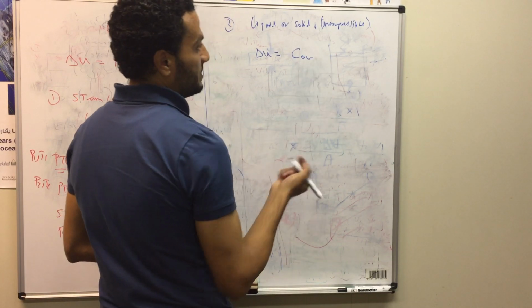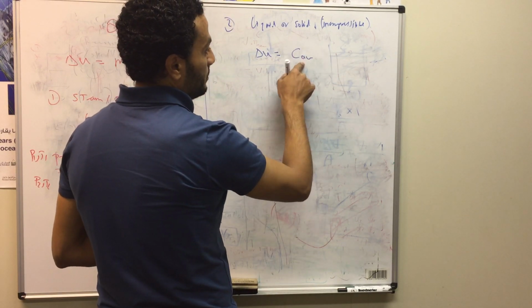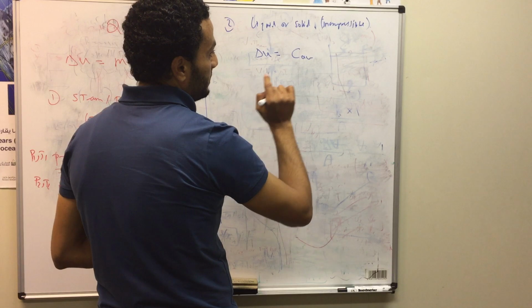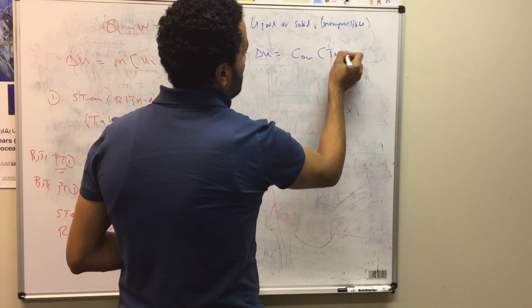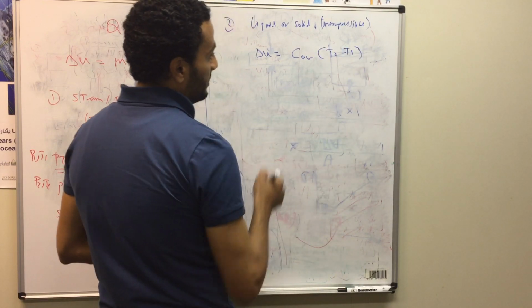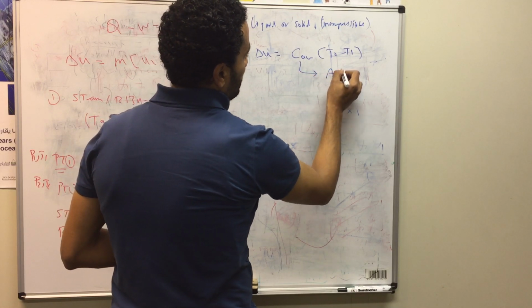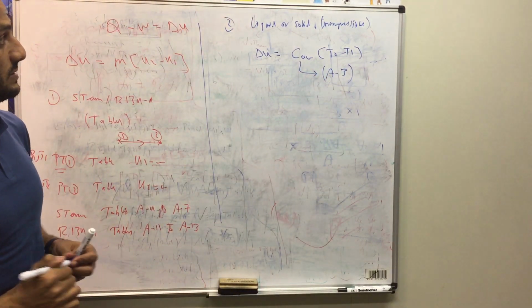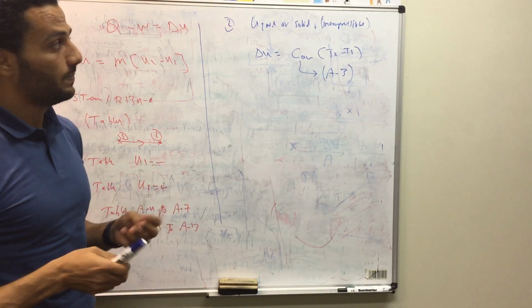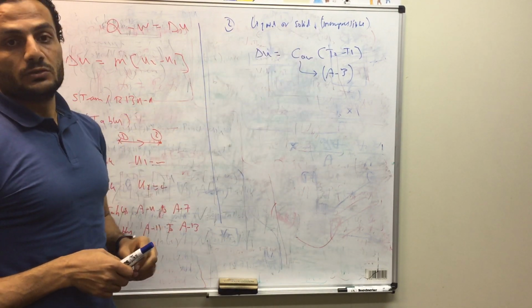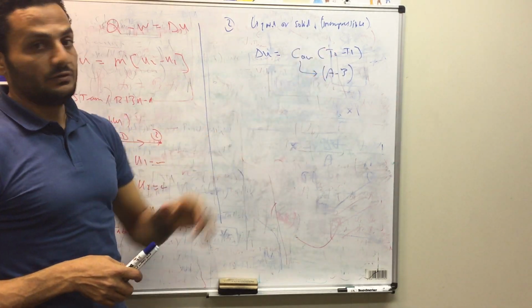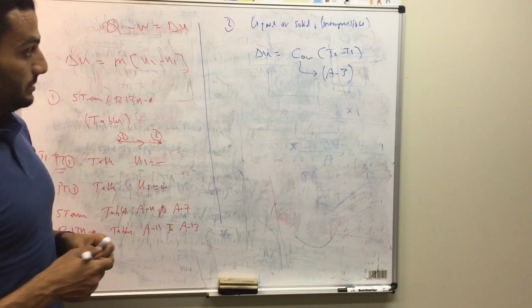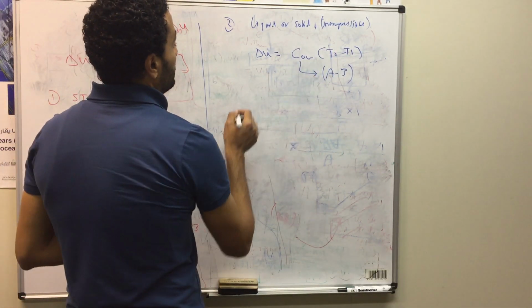We don't have Cp or Cv for a solid or liquid, it's just C average multiplied by T2 minus T1. And this C average is calculated from table A3 depending on the substance. So for a closed system, if it is liquid or solid, delta U equals C average times T2 minus T1, and C average is just taken from table A3.